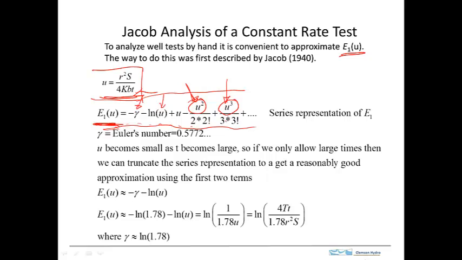And at some point, we'll say, well, we can just ignore that. And then as time goes on further, U squared gets to be much smaller than U, and we can ignore that one. And then as time goes on further, U gets much smaller than the log of U, that's the natural log, and we can ignore that.